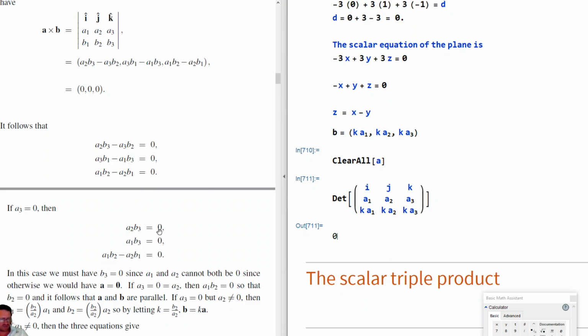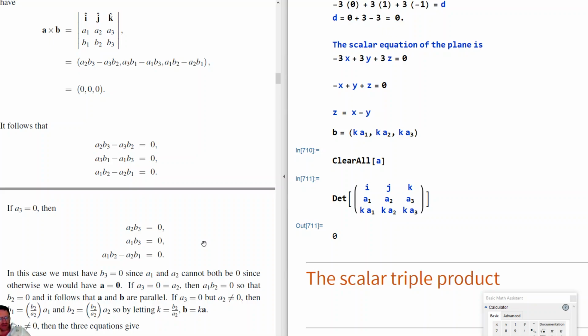We get A2 B3 is 0, A1 B3 is 0, and A1 B2 minus A2 B1 is 0. So in this case, you have to have B3 equals 0, since A1 and A2 cannot both be 0, because otherwise we would have A is the 0 vector. So we're assuming here that A is not the 0 vector. Alright, so if A3 and A2 are both 0, then A1 B2 is 0, so that B2 is 0, and it follows that A and B are parallel.